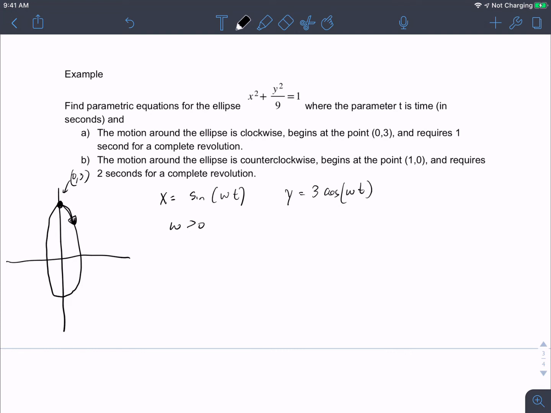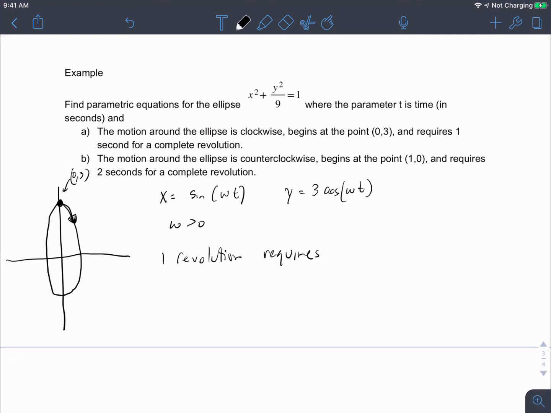Now, the revolution piece is a good one. So we know that one revolution requires us to go a full period, right? So one revolution requires the period to be covered. And so if the period's going to be covered, that means 2 pi over omega is equal to the amount of time it takes.